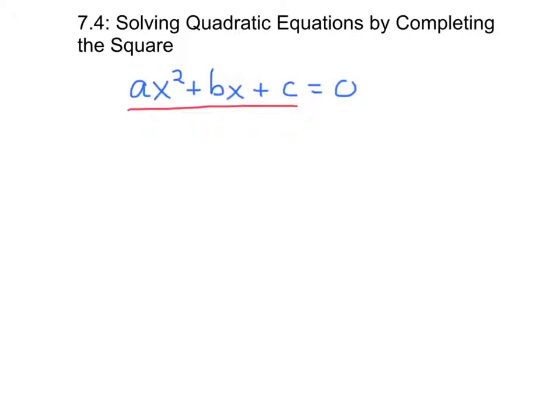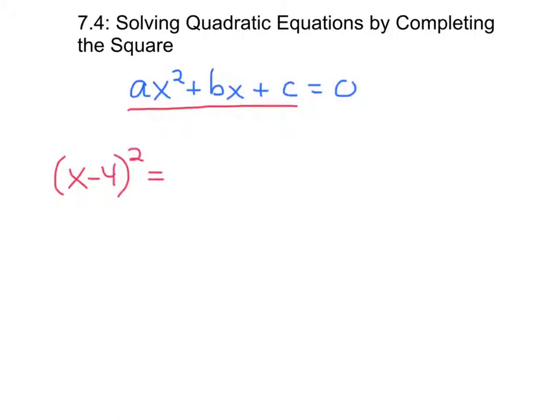Now, the method of completing the square uses something called a perfect square trinomial. So I want to take a few minutes just to explain what that is. If you take some binomial, let's say x plus a number or x minus a number, I'm just going to use x minus 4, and you take that in parentheses and square it, let's see what we get.